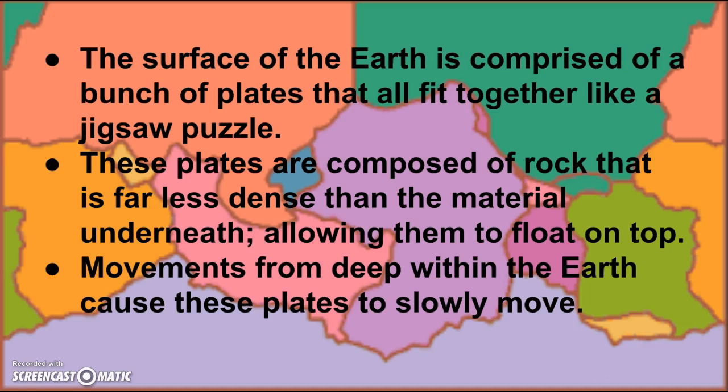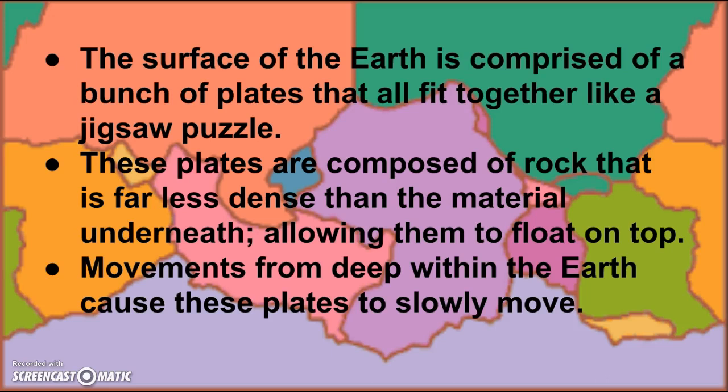The plates on top of the earth are composed of rock made up of material, elements, and minerals that are significantly lighter and less dense than the material that's underneath. So the rock that we stand on is composed of less dense things than what is in the core of the earth and under the earth.